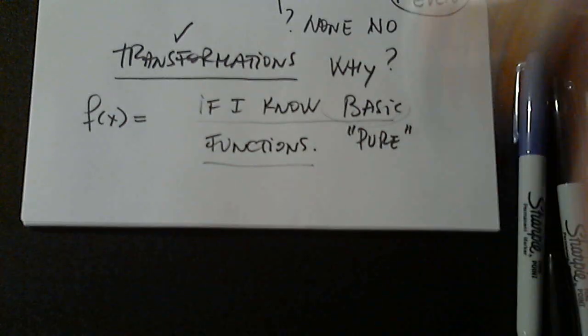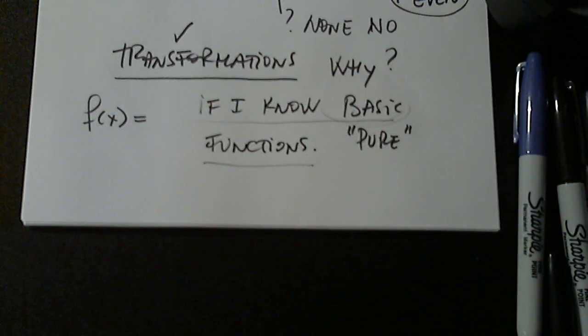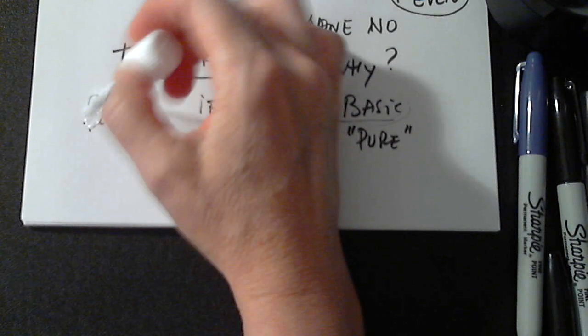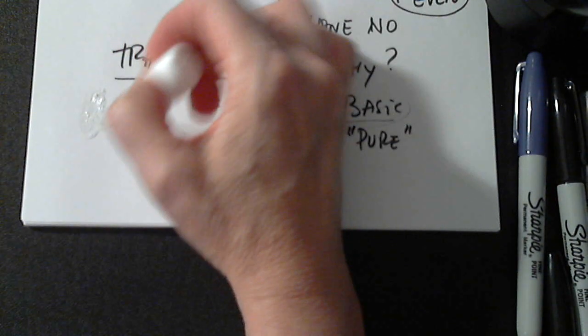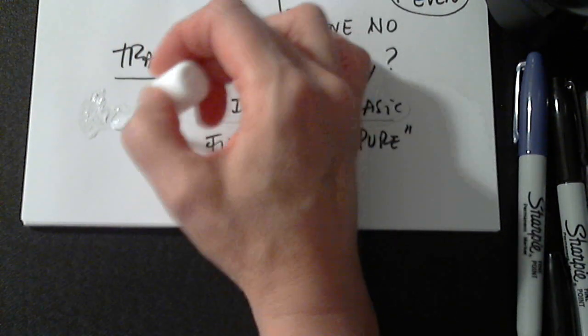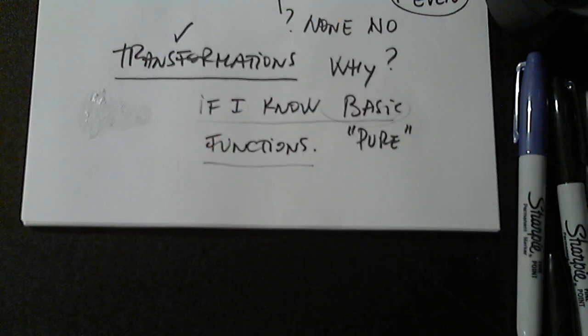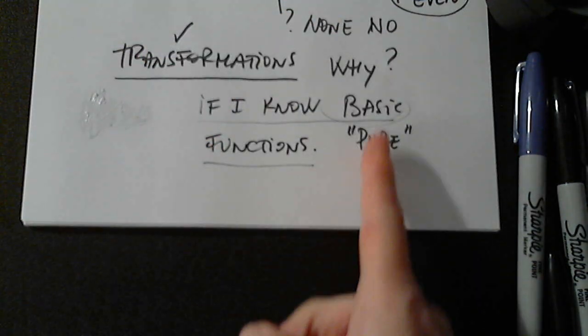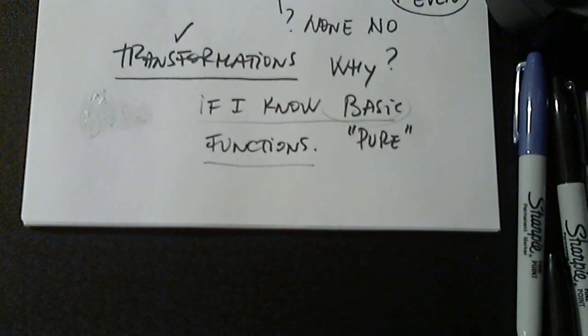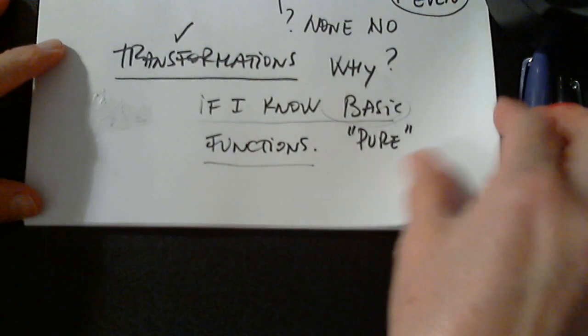So in that case, let's list the basic functions first. Once we list the basic functions, I'll show you how useful transformations are. Again, I repeat, if we don't know the basic functions, these mean nothing to us. They will never help us. Okay, so let's list the basic functions first.